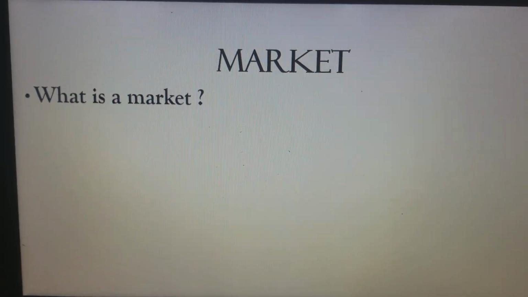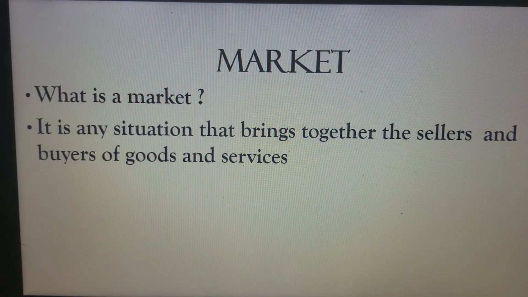A market. What is a market? Now, our first definition for this concept is that it is any situation that brings together the sellers and the buyers of goods and services.